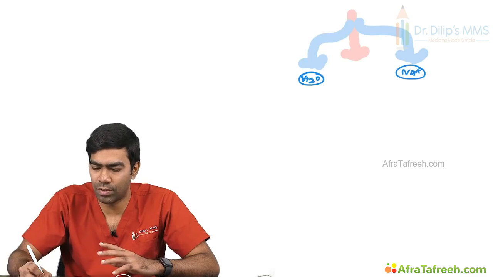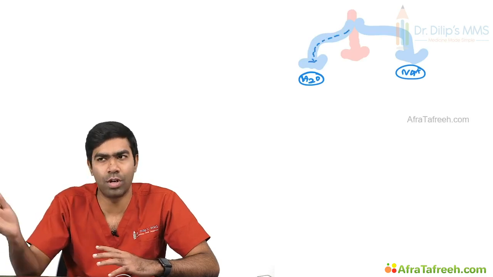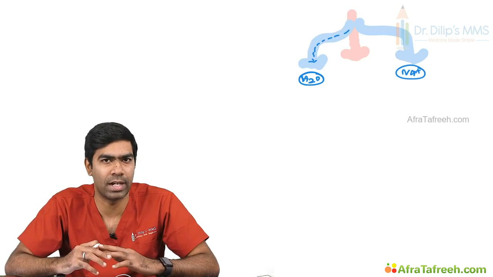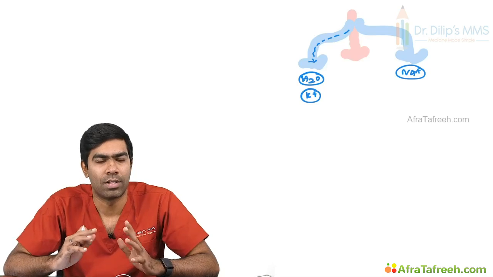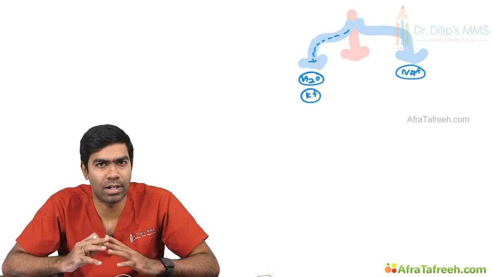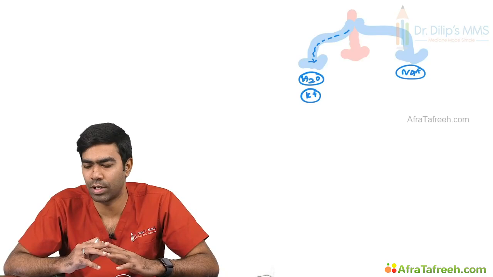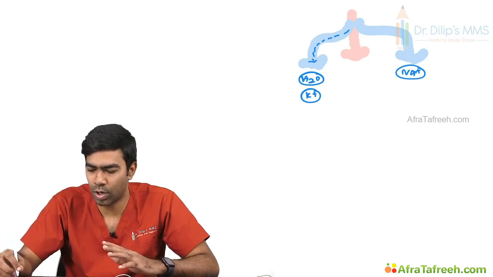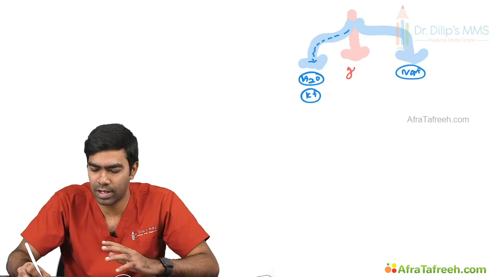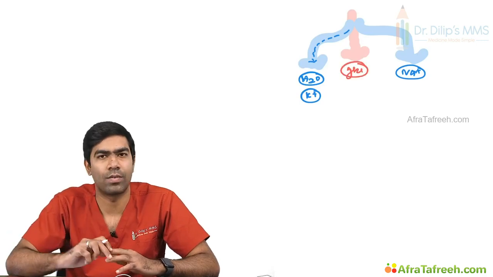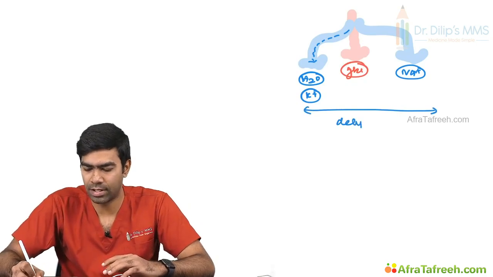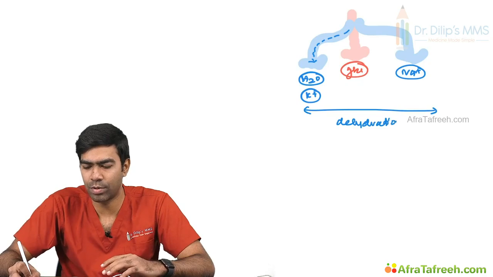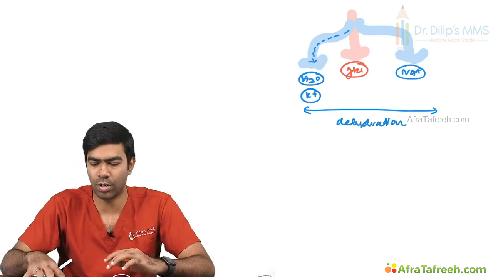And at the same time, once the water is pulled out into the urine from the kidneys, you're going to draw potassium also in the form of something called solvent drag. We have discussed that already. So you're going to lose potassium, you're going to lose sodium, you're going to lose water, even though the water loss is very high compared to the sodium, along with the glucose. And the result is going to be severe dehydration. And this severe dehydration is going to produce hypovolemia because of volume loss.